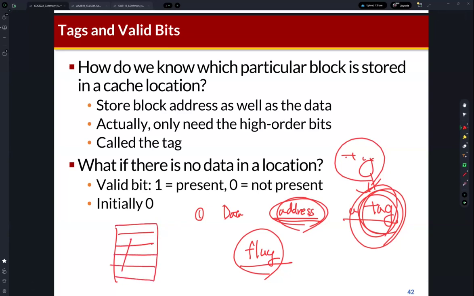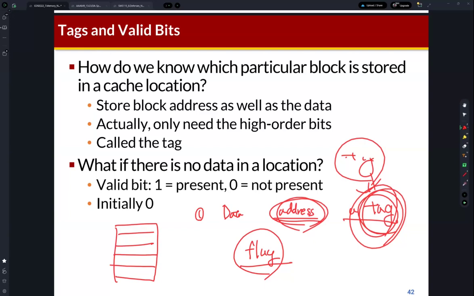What does that mean? This cache does not include any valid data. The cache has a certain memory space, but this is just the hardware, so we need to figure out whether valid data is in the cache or not. So we need to check the validity of the data in a cache entry.